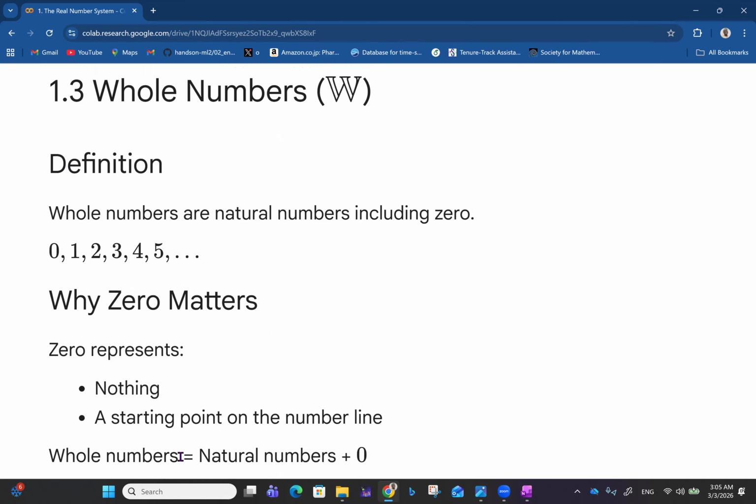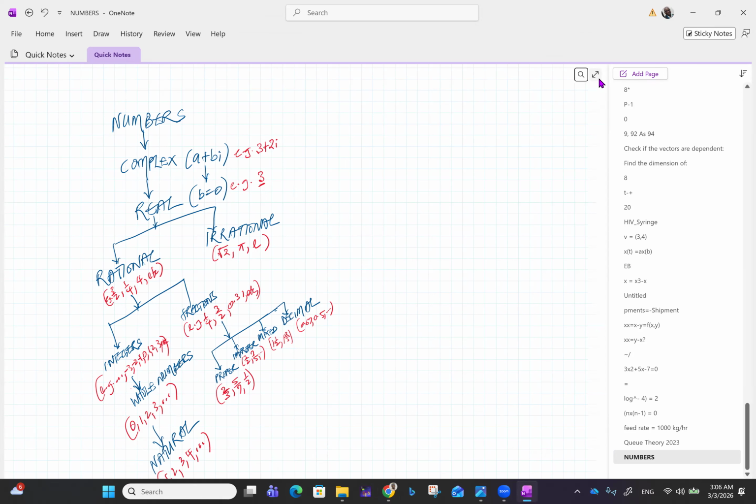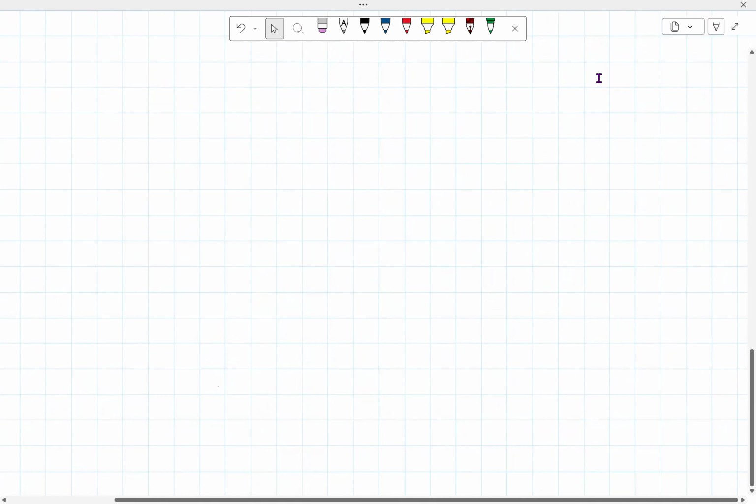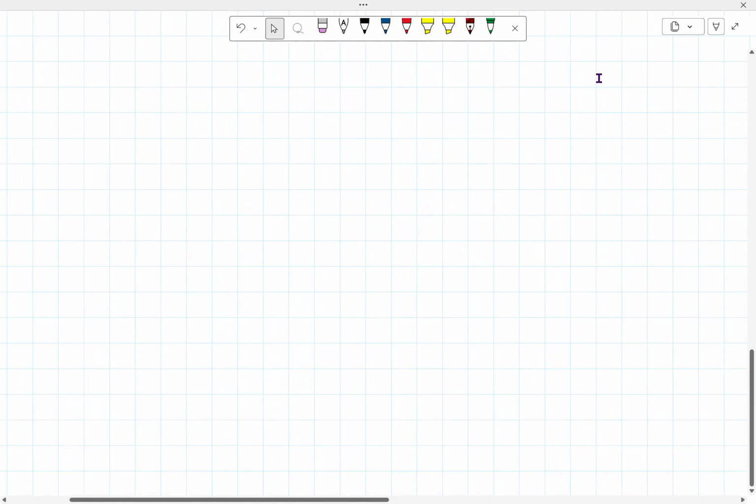So zero represents nothing and it's a starting point on the number line, and whole numbers are natural numbers plus zero. Zero is so important that it's a reference point when you want to have a number line. Imagine a number line like this.